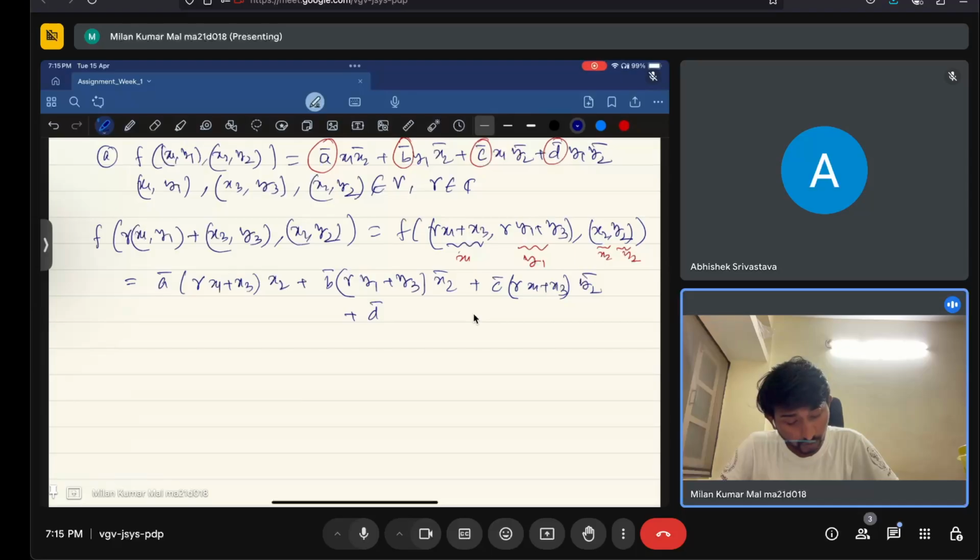What is y1 y2 bar? Y1 is this one, so gamma y1 plus y3, into y2 bar.